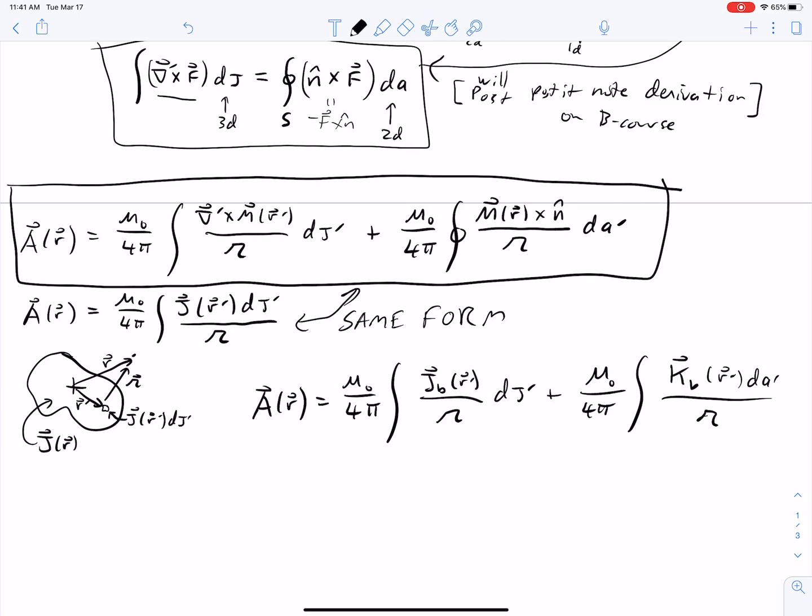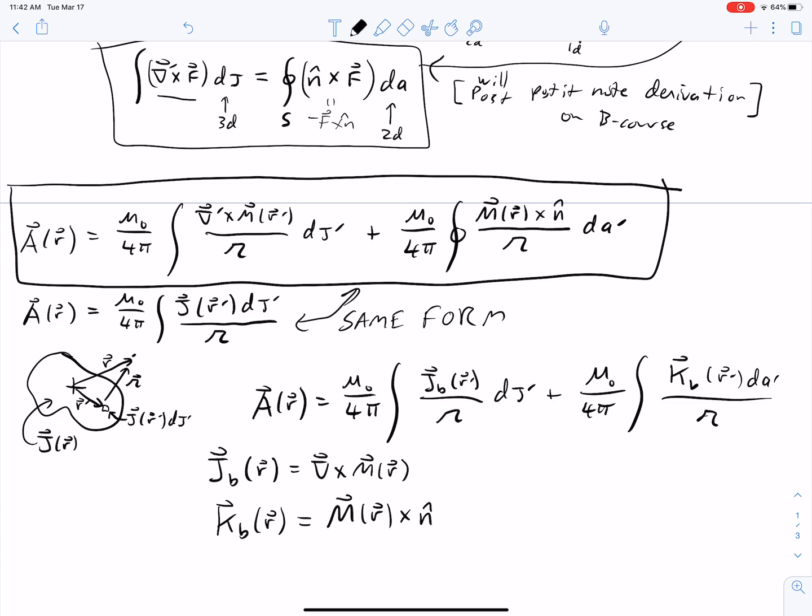And here these new quantities: J sub B of r is equal to del cross M of r, and K sub B at r is equal to M of r cross n hat.